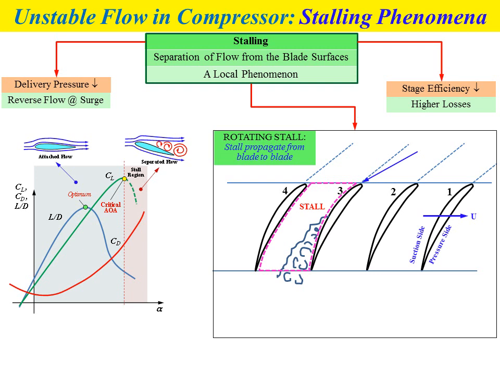On the surface at the suction side of the blade, separated flow will occur. And this phenomenon at this local point of the blade we refer to as the stalling phenomena.